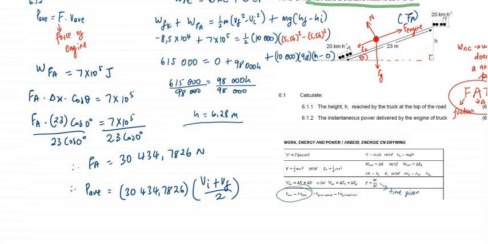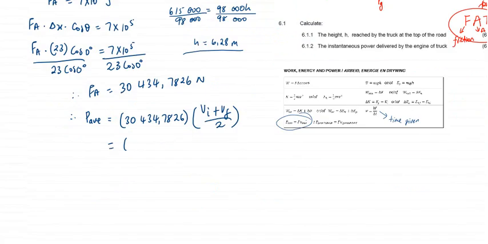Now we do know that here it was 5.56, like we said, the initial and the final. So we're going to use 30,434.7826, and then here 5.56 plus 5.56 divided by 2, and then what is the answer that we get?